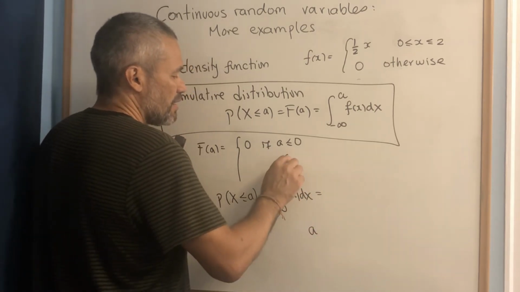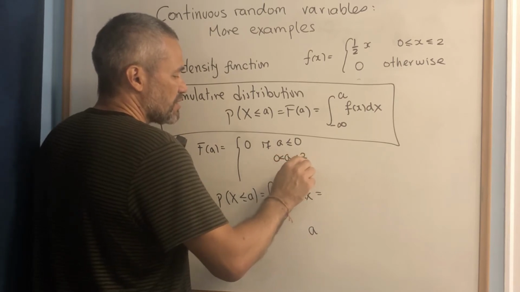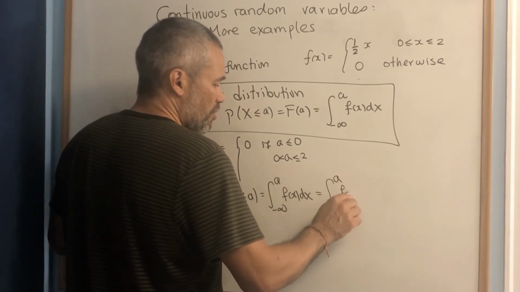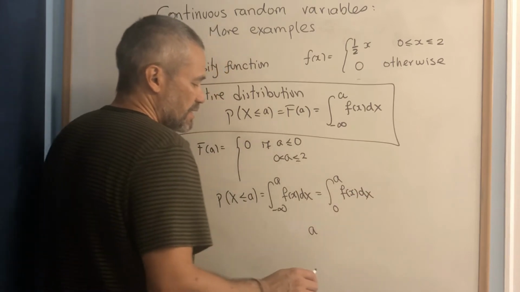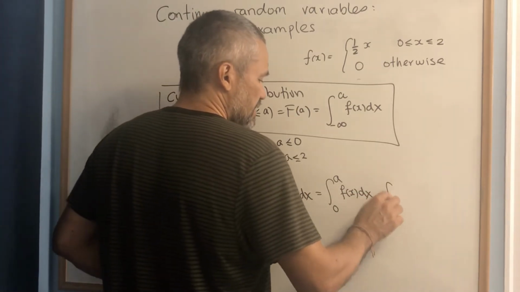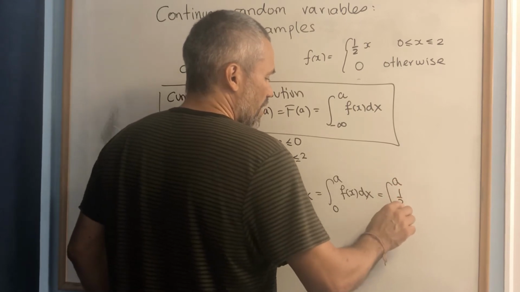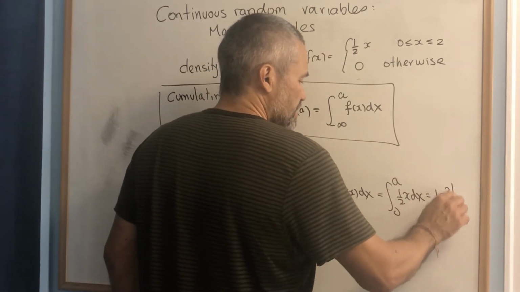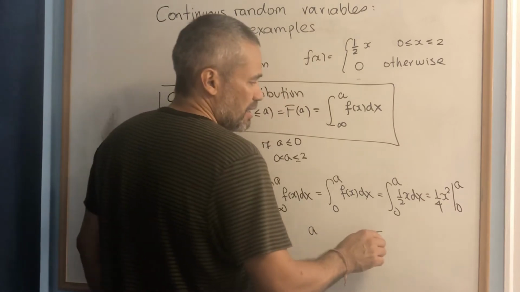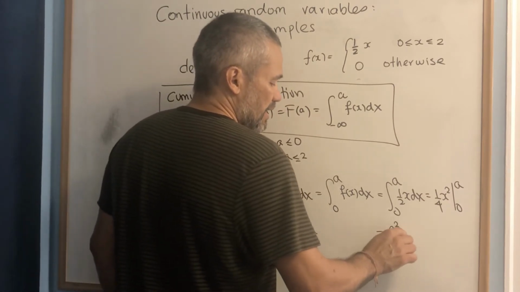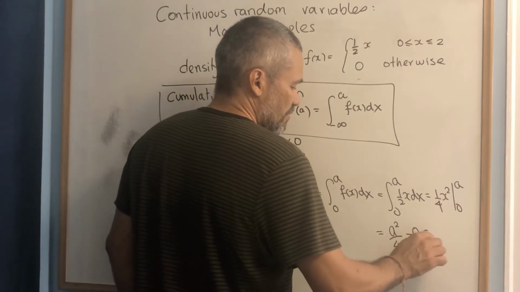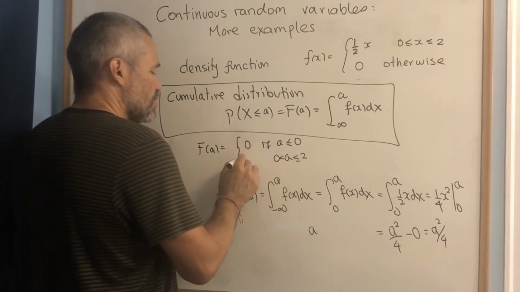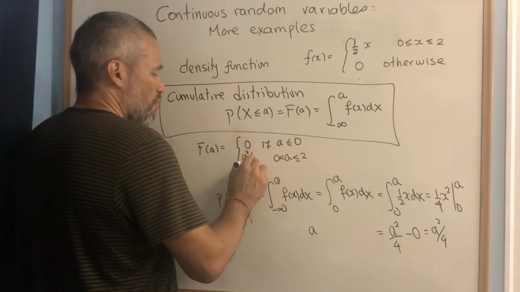If a is bigger than 0 but smaller than 2, then this is just the integral from 0 to a of 1/2 of x dx, which is 1/4 of x squared between 0 and a, and this is just a squared over 4 minus 0, which is a squared over 4. Then when a is between 0 and 2, the function is a squared over 4.